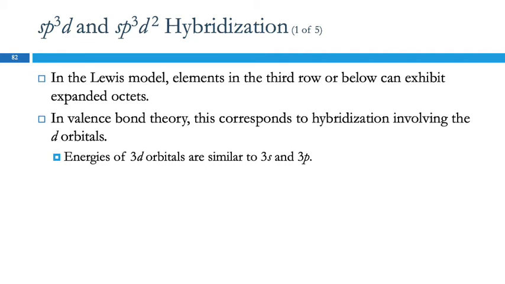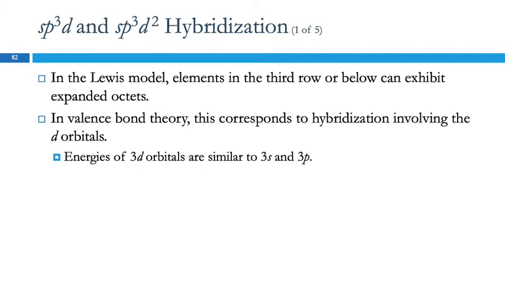So we looked at expanded octets in Lewis theory. And we said only elements in the 3rd period or larger can do this. In valence bond theory, this corresponds to hybridization that involves the d orbitals. So on the 3rd floor of the hotel, like for sulfur, it has electrons in the S room and the P room.